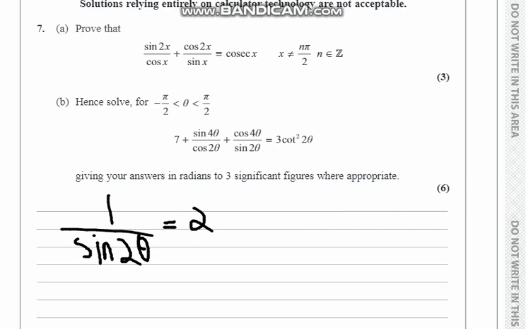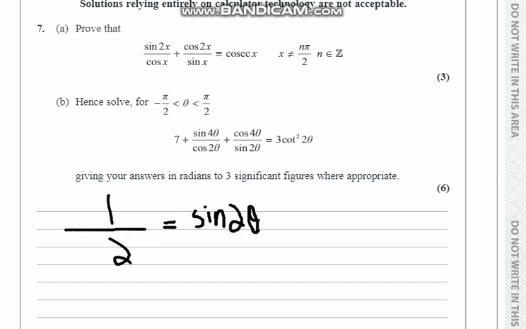1 upon sine 2 theta equals 2. Now to make sine 2 theta the subject, I'll basically cross multiply and bring the 2 to that side, and now we can solve it easily. Before solving this, I have a tip for you guys. That's a double angle, that's 2 theta, so take x equal to 2 theta.